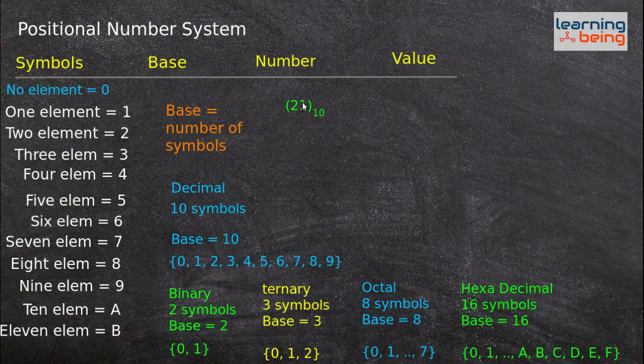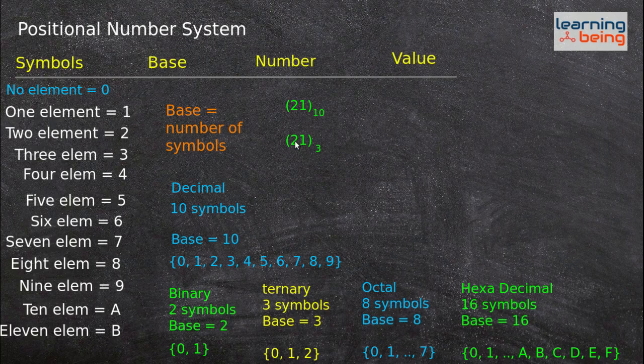Along with the combination of the symbols, we need to write the base here. Otherwise we will not be able to calculate the value of this number. We can have the same symbol combination but with a different base, here the base is equal to 3. So these two numbers are the same, but their values are different. So here comes the value.